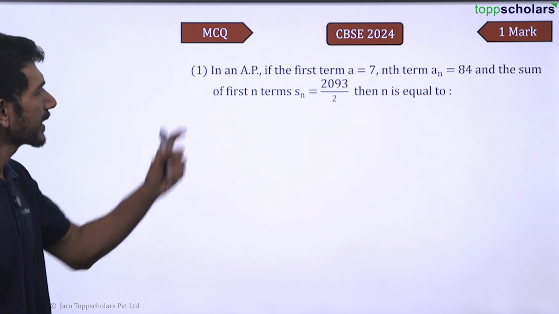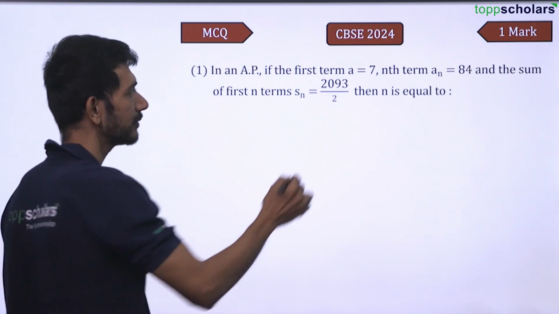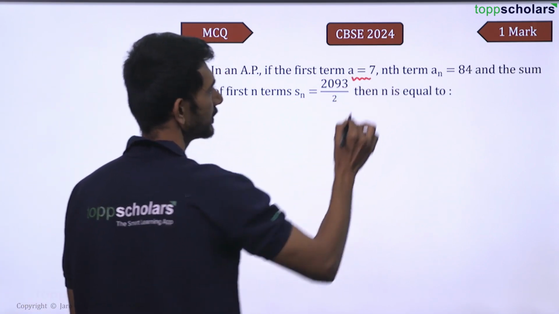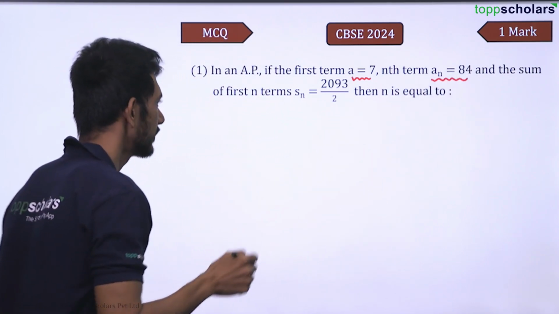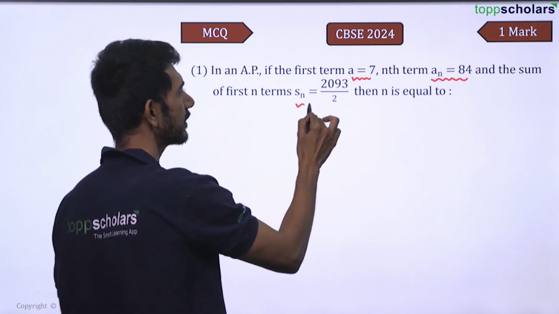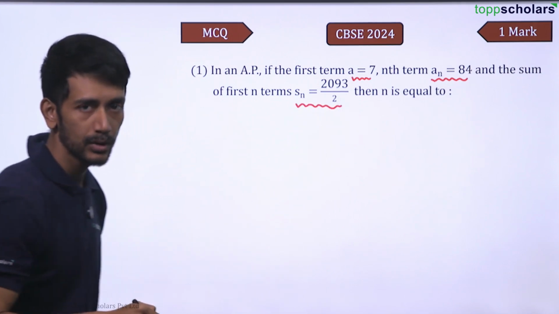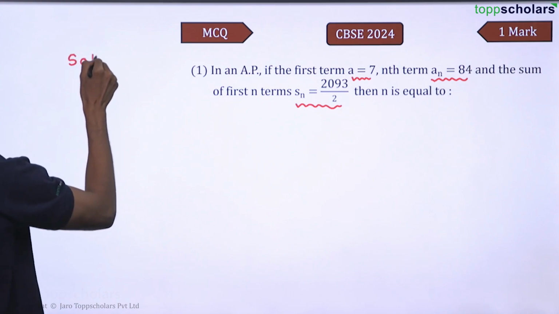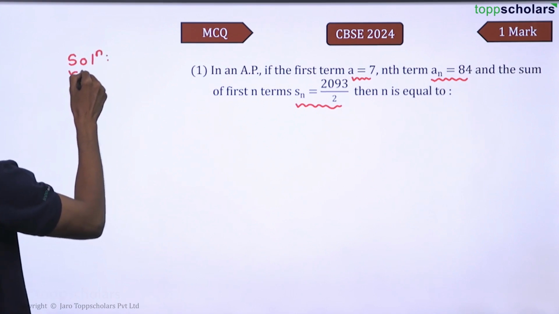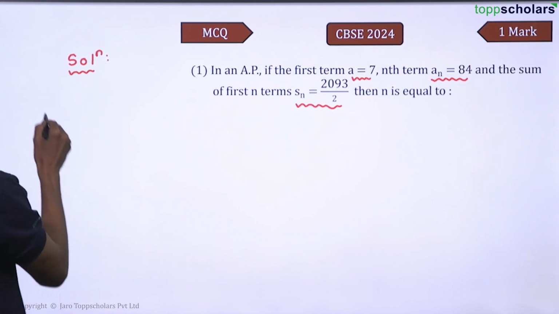It says in an AP, if the first term A is 7, the nth term is 84, and the sum of the first n terms is 2093 by 2. We are supposed to find the value of n. Now we already know the formula for Sn, right? What is the formula for Sn?